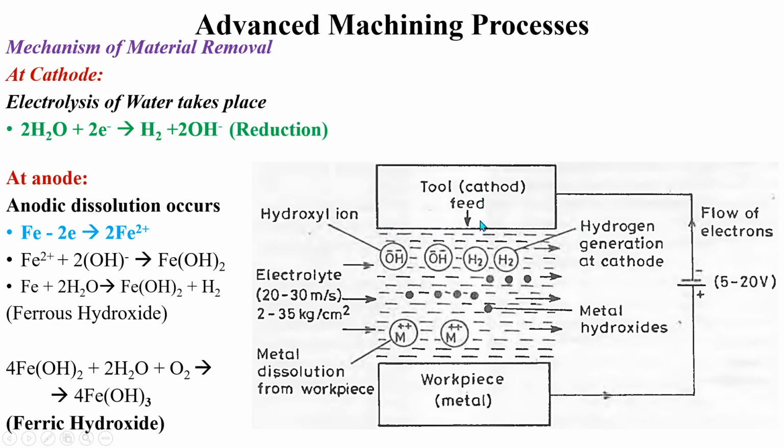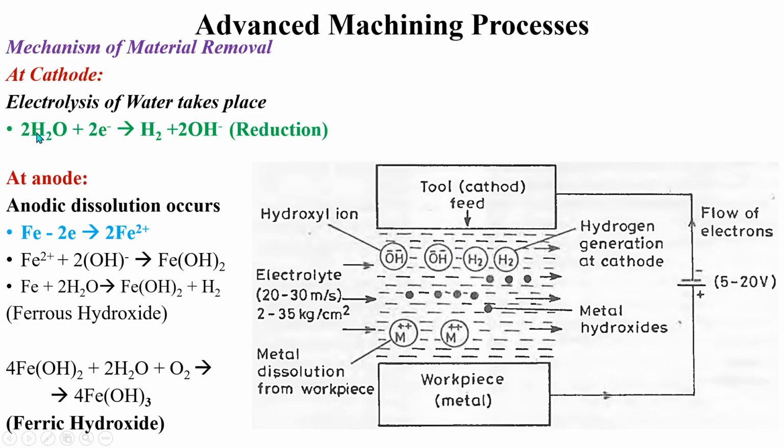These electrons get accumulated. Since we are using water as the electrolyte, there is an electrolysis reaction happening between the tool and the water molecule. So at the cathode, electrolysis of water takes place, that is, there is a reduction reaction happening between the cathode and the water molecule.